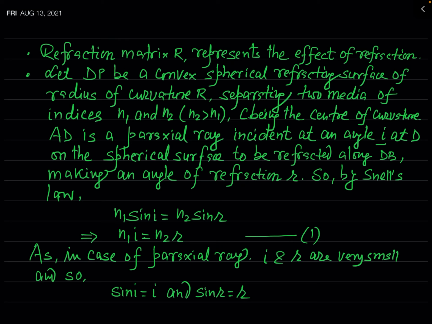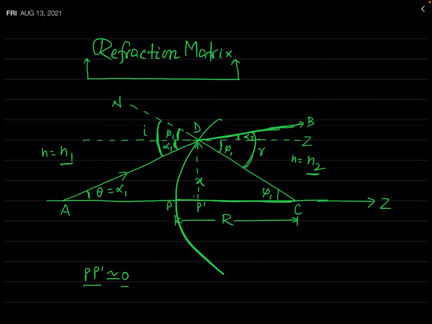I have written here, you can see, in accordance with Snell's law, you can write N1 sin I equal to N2 sin R. In fact, when you consider that the incident ray is actually a paraxial ray, then all the angles shown in this figure will be very small.